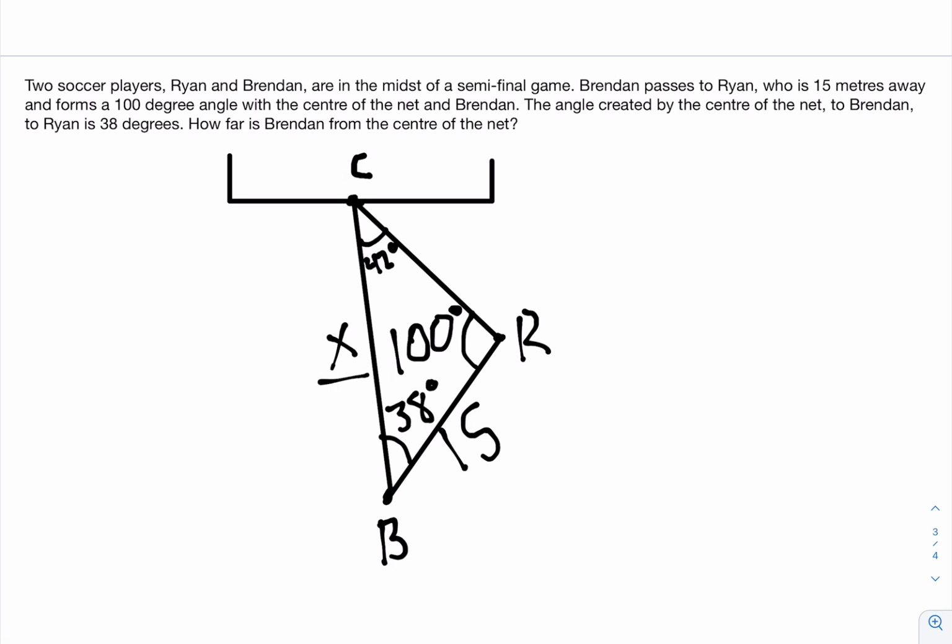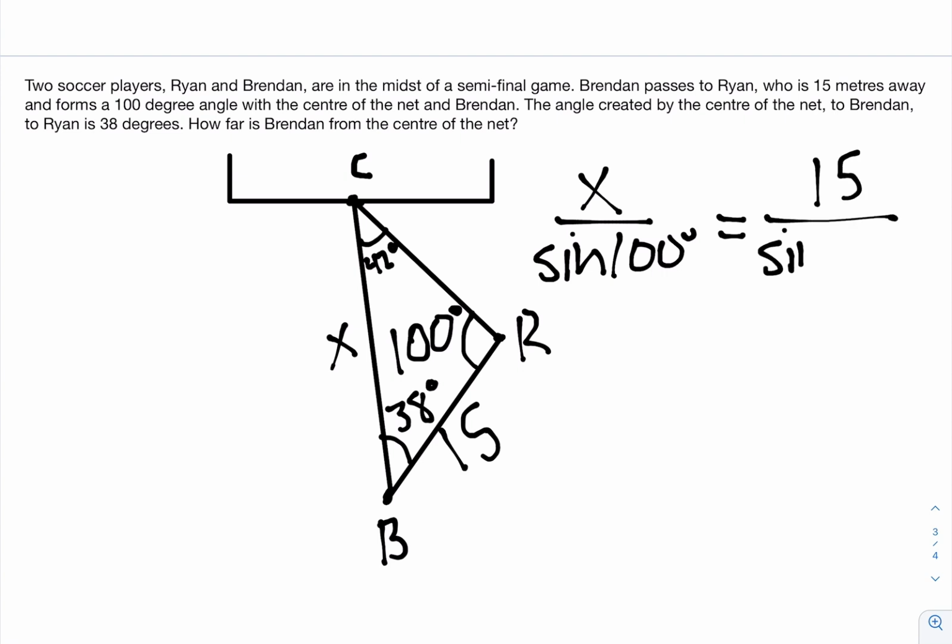So x is a side length, and we always want the variables to be on the top, just to make it a bit easier. So let's do x on the top for our variable over the sine of its opposite angle. So over sine of 100. That's going to be equal to our other side length, which is 15, right, over the sine of 42.